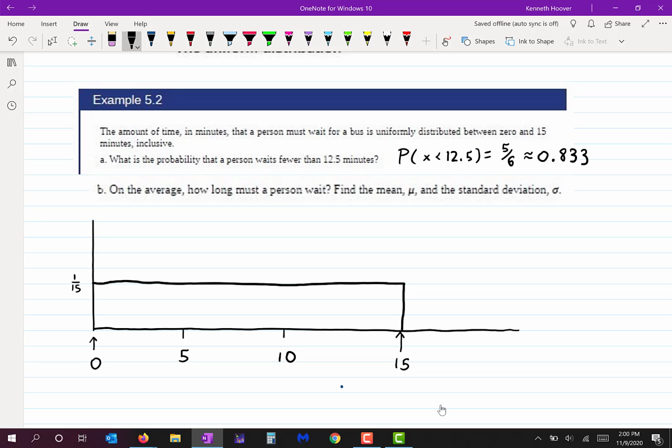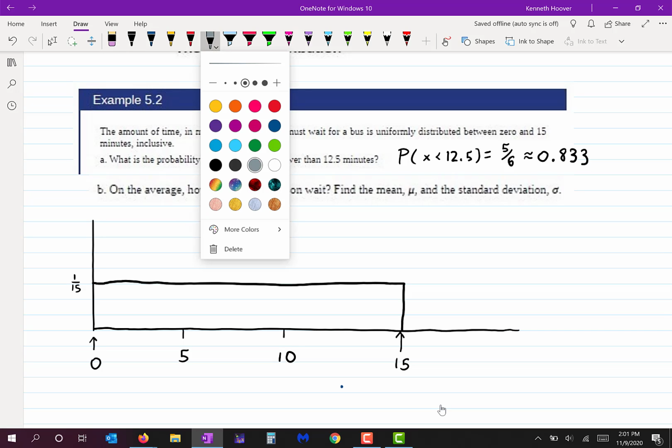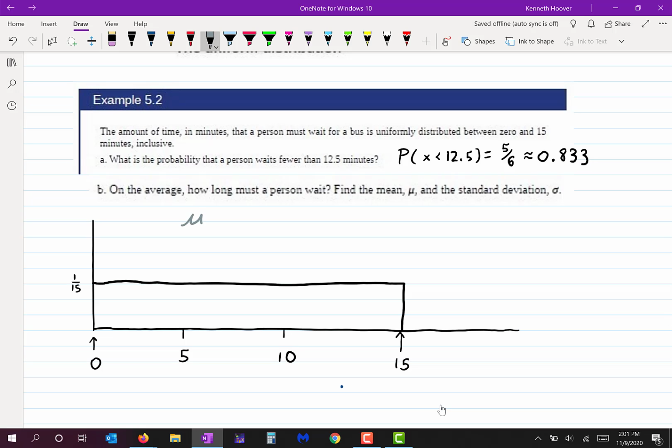Okay, now B. On average, how long must the person wait? Find the mean and standard deviation. Okay, so you need to know the formulas for this. When you have a uniform distribution, the formula for the average equals A plus B over 2, where A is the left endpoint and B is the right endpoint.